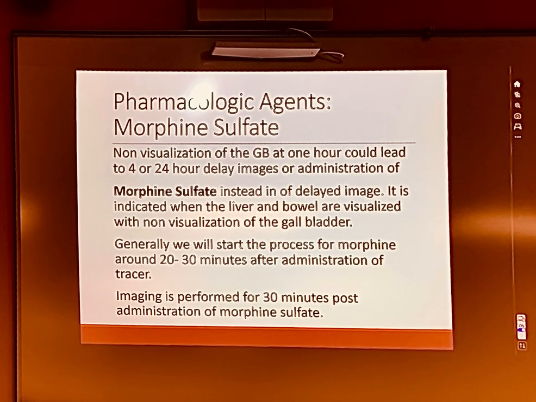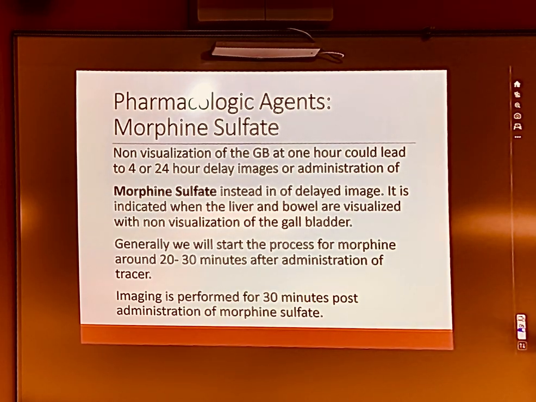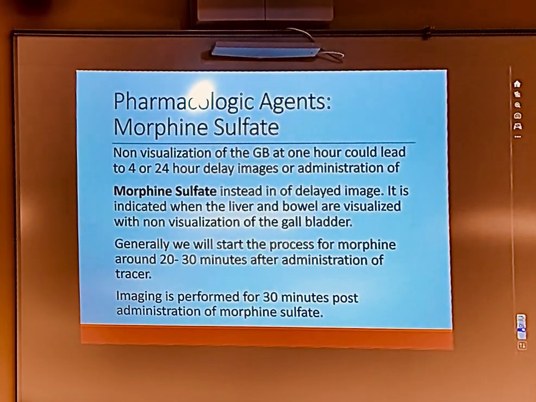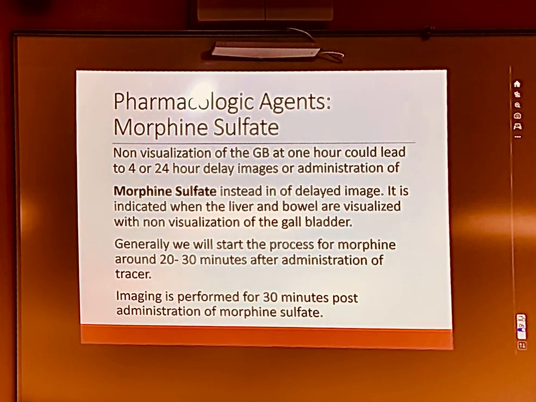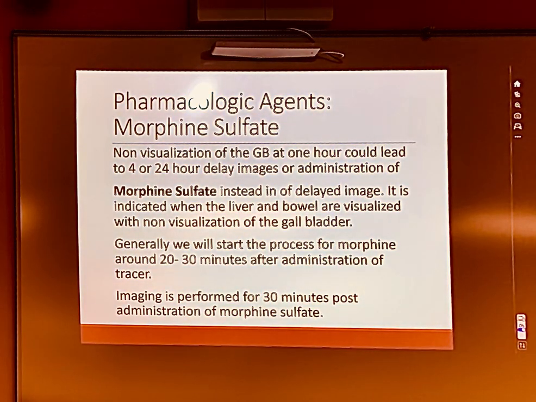Okay? So you're going to image for an hour anyway, pretty much. But if you're almost at 30 minutes and you don't have any gallbladder, you can go to the radiologist and say, do you want me to give morphine? They go, yeah, right? So after you give the morphine, you have to take pictures for at least 30 minutes.